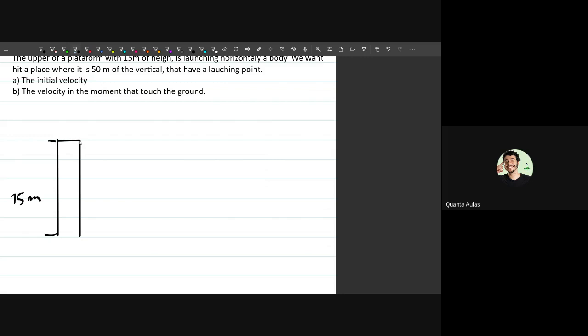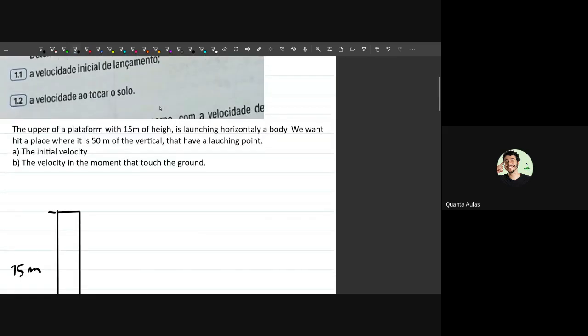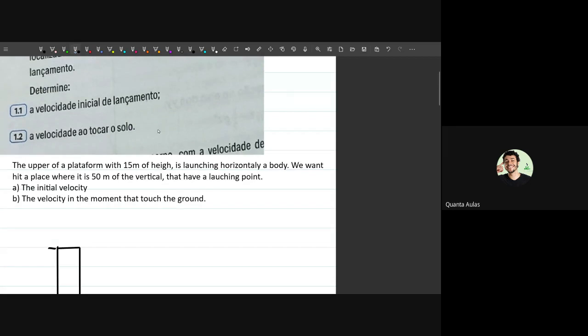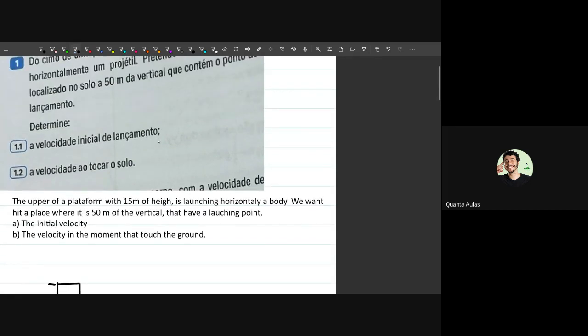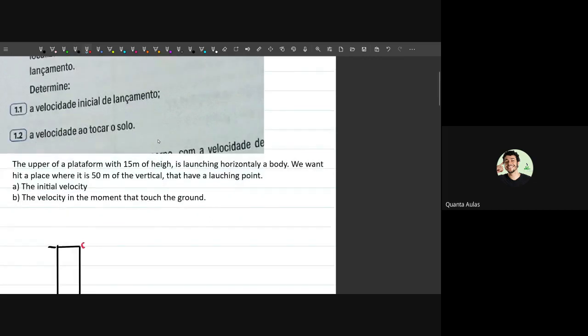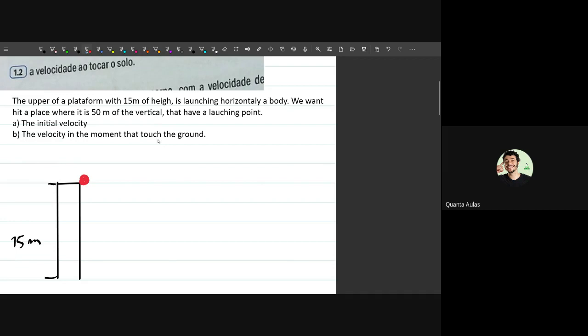This building has this height, and the body is launching horizontally. So we have this mass, and this mass will be launching horizontally.